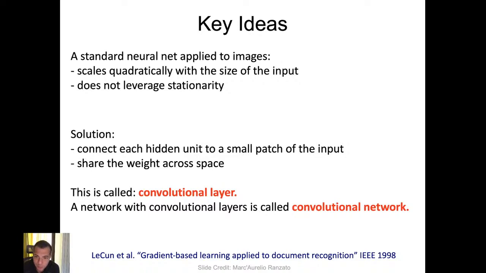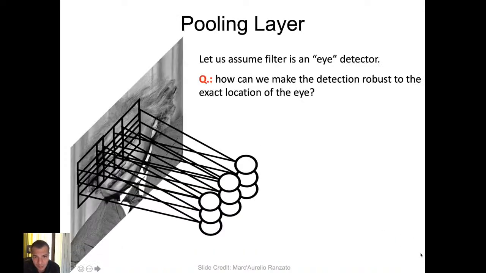The solution is to connect each hidden unit to a small patch of the input and share the weights across the spatial dimension of the image. So the solution is to apply the convolutional layer. This idea was initially introduced in a paper by Yann LeCun in 1998. So the idea of convolution is very old. And in the same paper, they also introduced the subsampling layer.